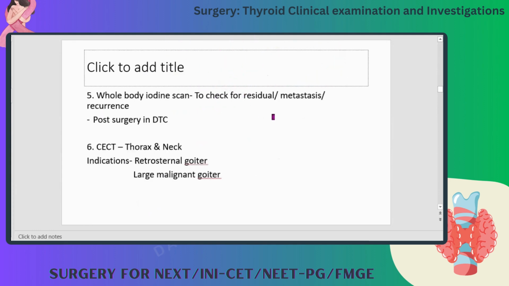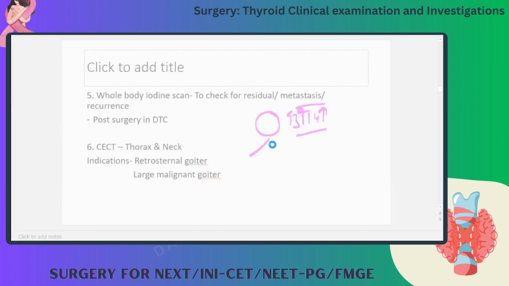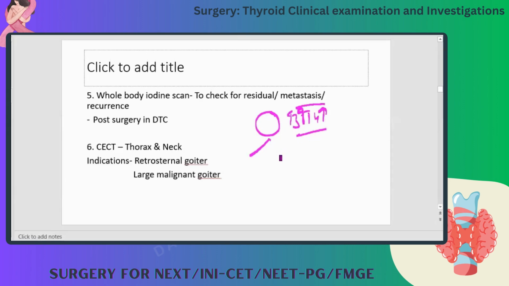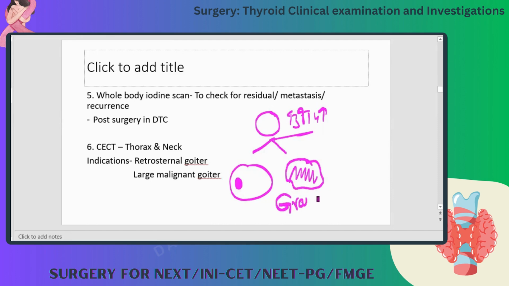So come back again. There is a thyroid gland. The patient comes with T3 increased, T4 increased. So what are the reasons I told you? Two reasons. Either there is a hyperfunctioning nodule, or the whole gland is involved. If the whole gland is toxic, then it is known as Graves' disease.